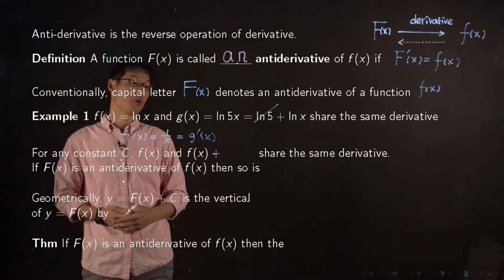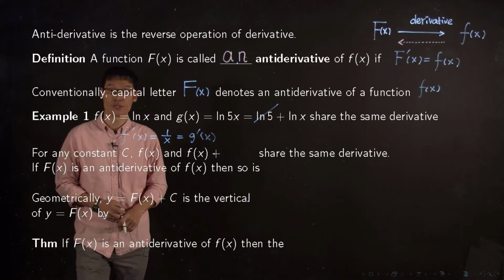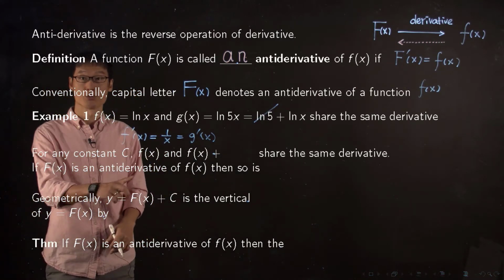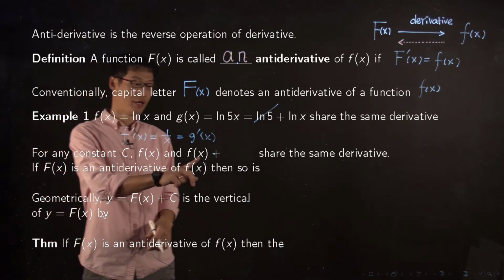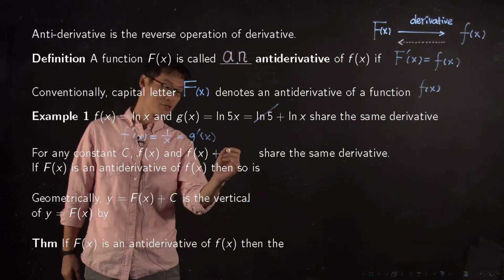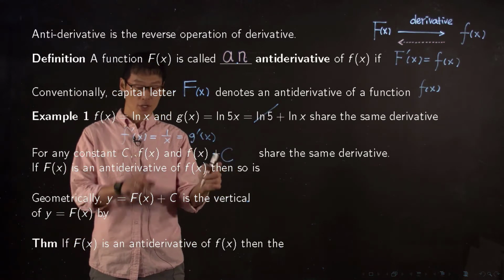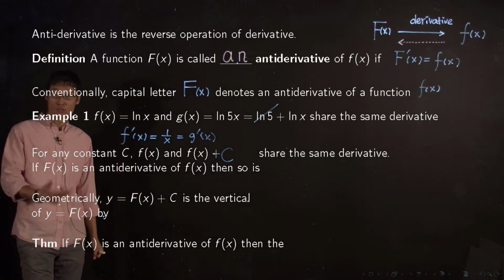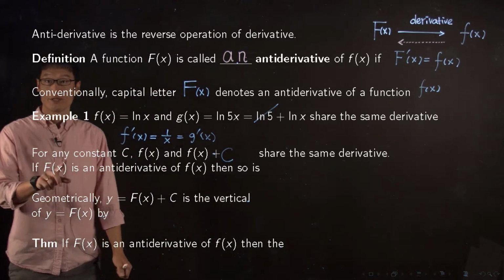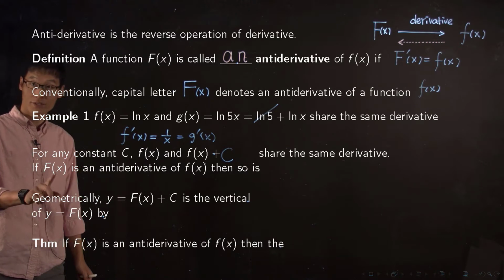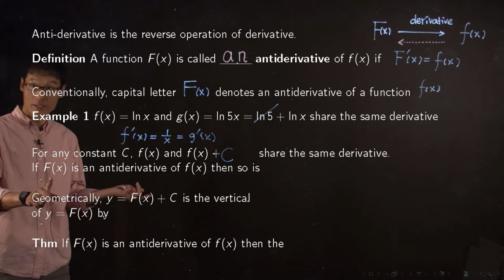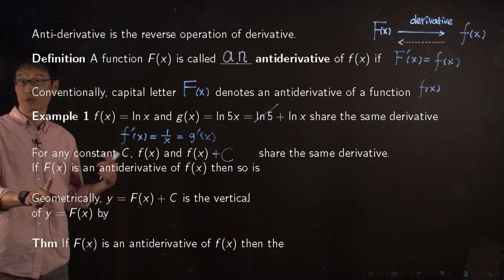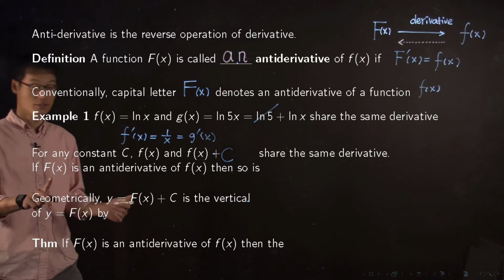In other words, for any constant c, if you compare two functions, f and f plus c, the two functions share the same derivative. In other words, if you find one antiderivative, then any scalar difference will give you another antiderivative.